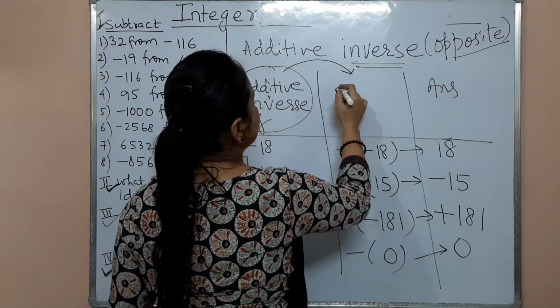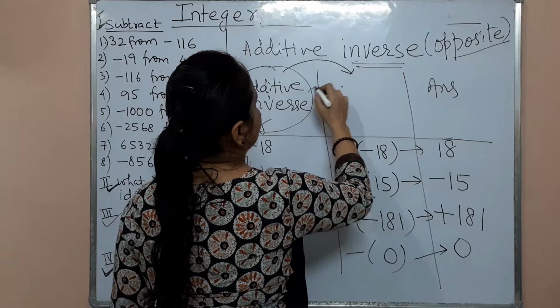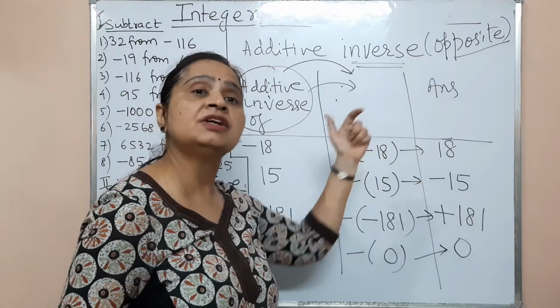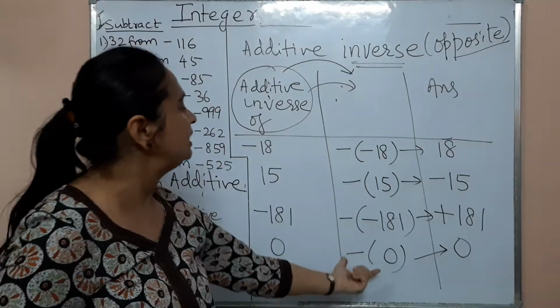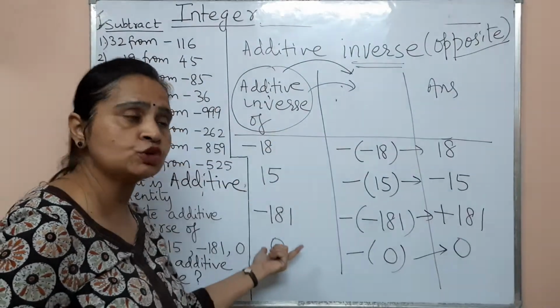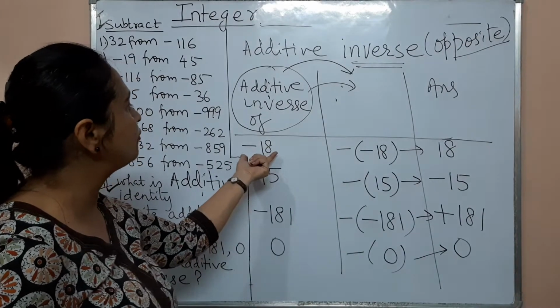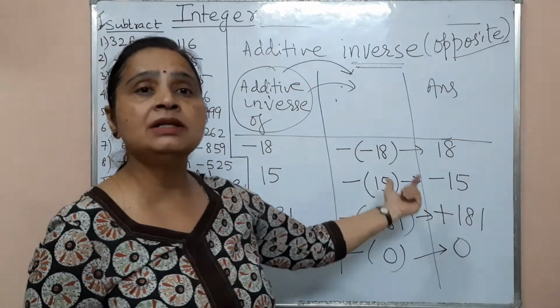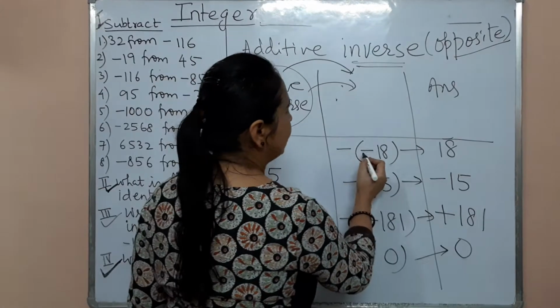It is additive inverse, but I am writing it in a different way. मैथमेटिकली लिख रही हूँ. यहाँ पे हमने स्टेटमेंट में पूछ लिया what is additive inverse of minus 18, answer is plus 18. अगर उसको मैथमेटिकली मुझे लिखना है then I will be writing like this.